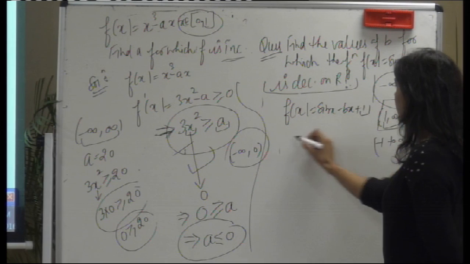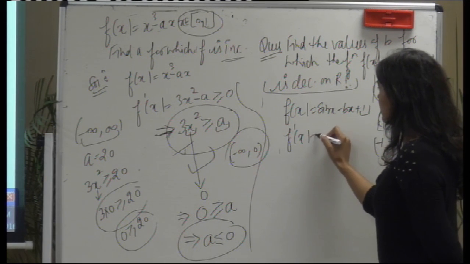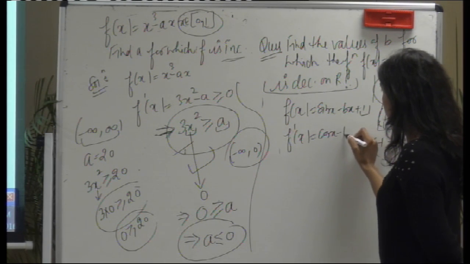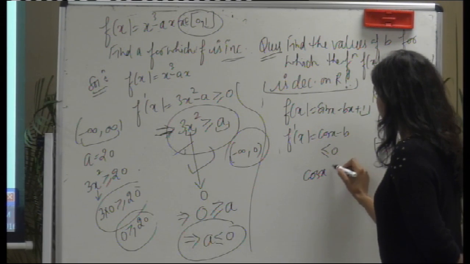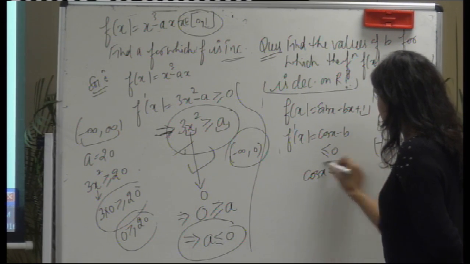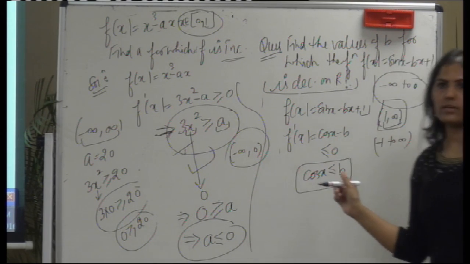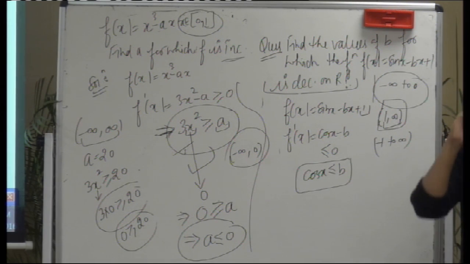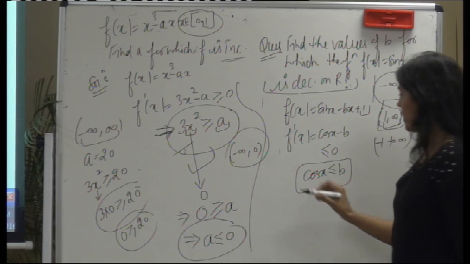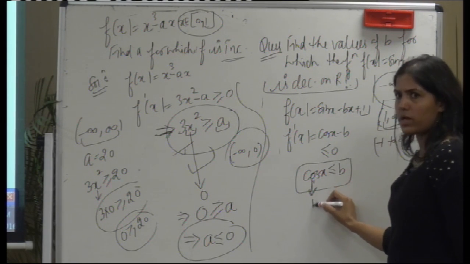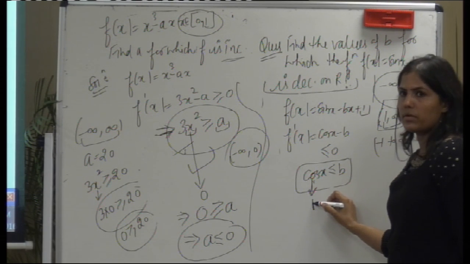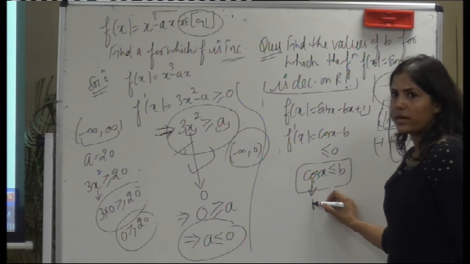The constant is hardly mattering. f dash is how much? Take it. This is the condition now. I am 100% sure you did that the biggest value, or least value, is 1. Then b should be greater than or equal to 1.